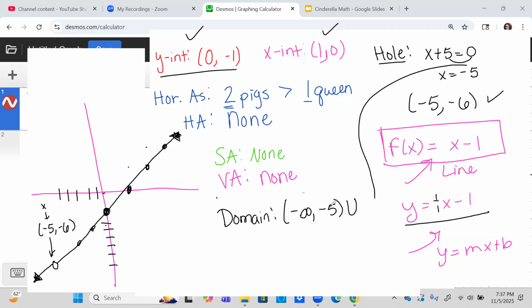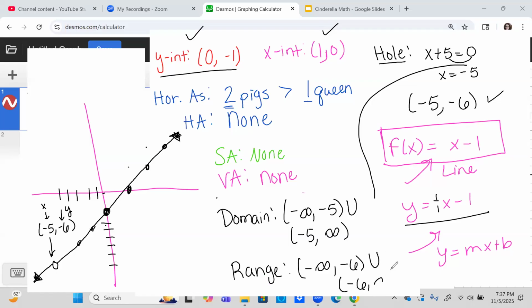Remember that's just a fancy math term for and. -5 to forever. Let's talk range. It goes down forever, it goes up forever, it just doesn't hit the y value of the hole. So down forever, hit the y value of the hole, stop, and -6 to forever. So basically we're just skipping the hole.